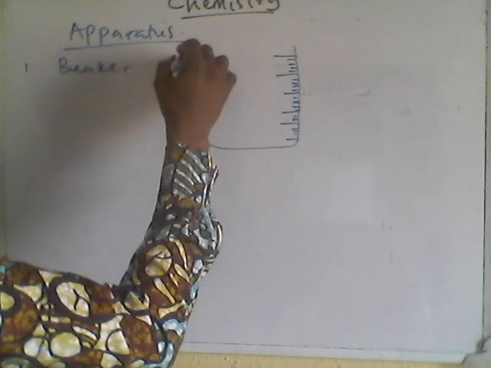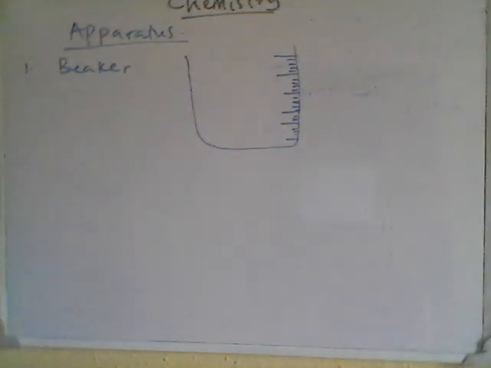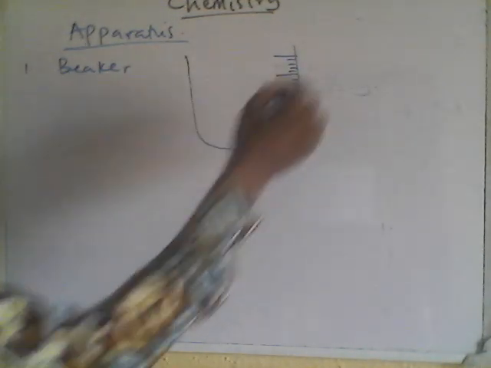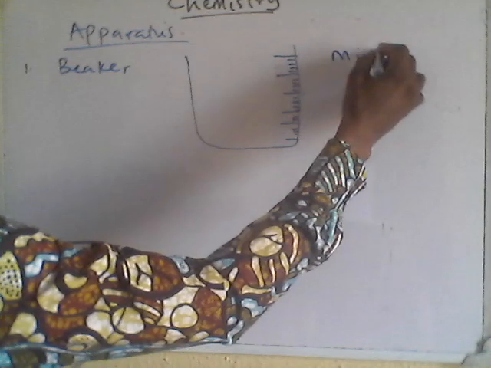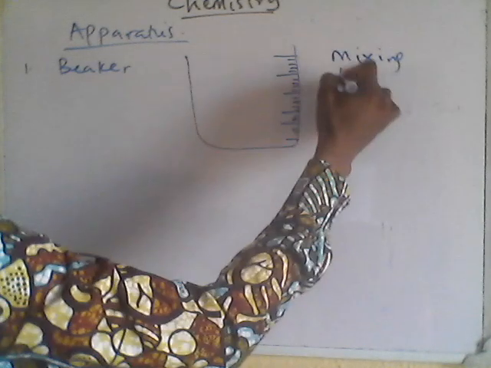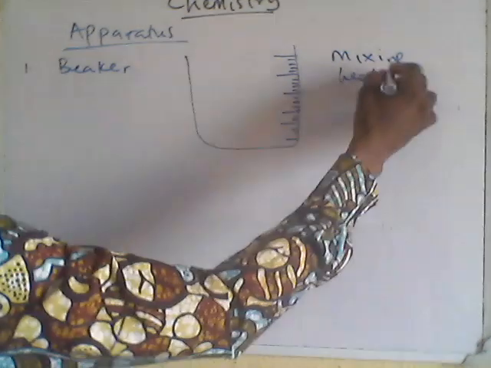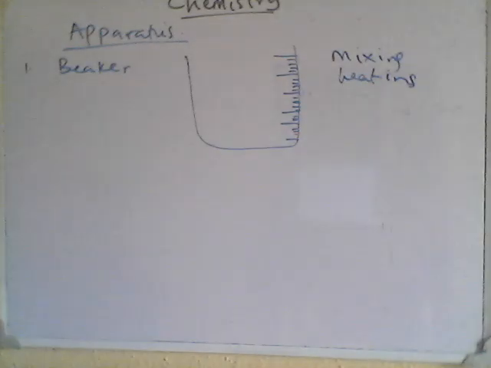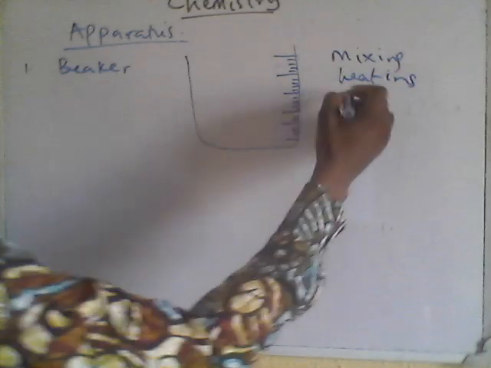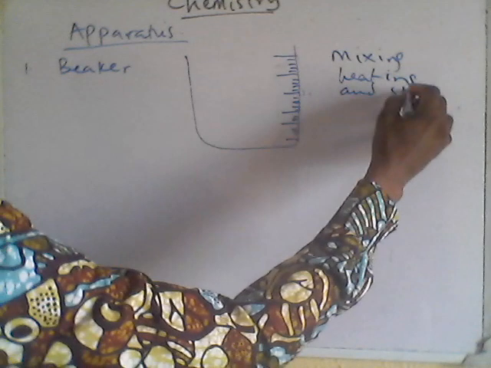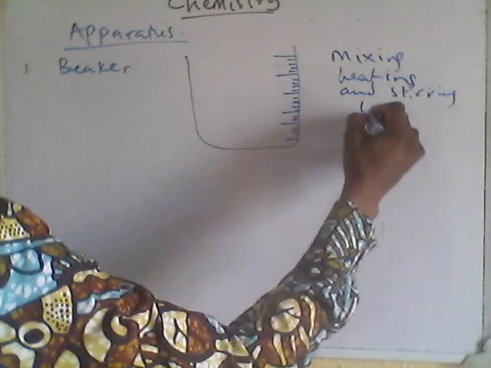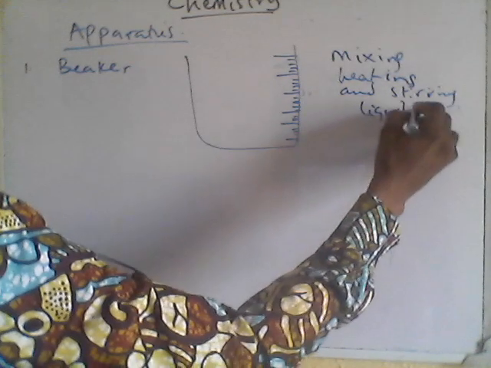Okay, so this is a beaker, a cylindrical container. So it is used for mixing, heating. So you can heat a beaker. It's like a glass material, and stirring liquids. So that's what a beaker does.